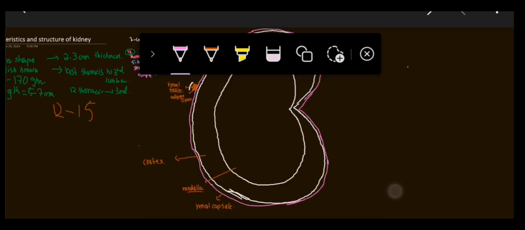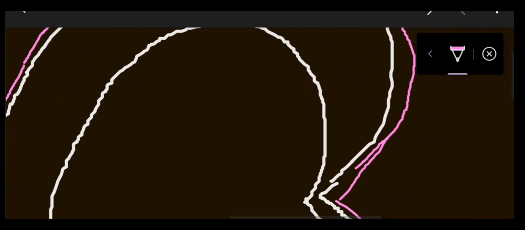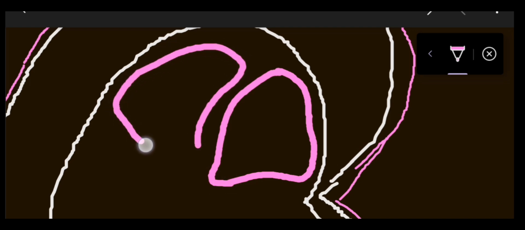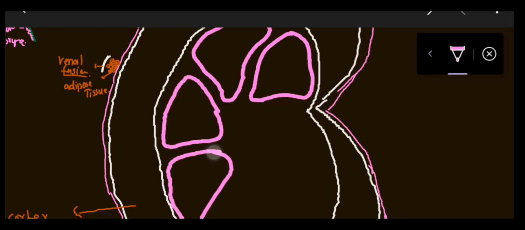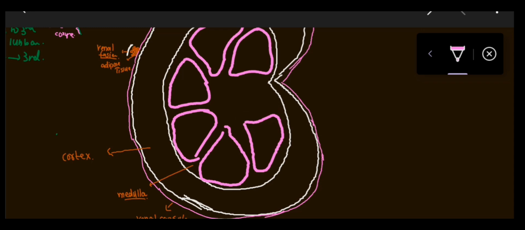Yes, here we have pyramids. Somehow like this, these pyramids are present. So here we have basically 12 to 16 pyramids.